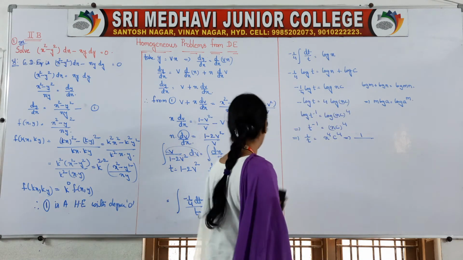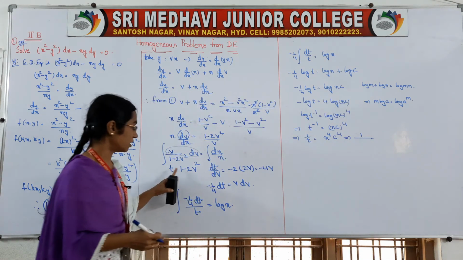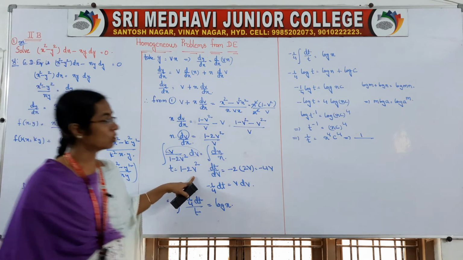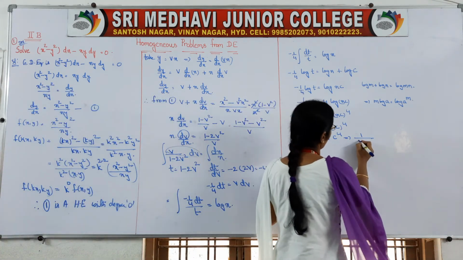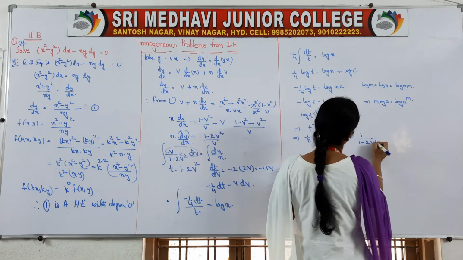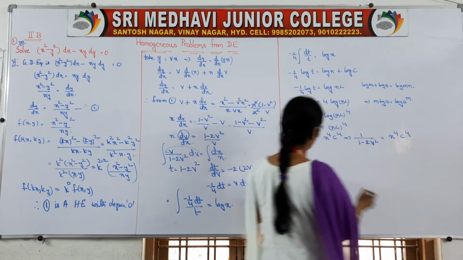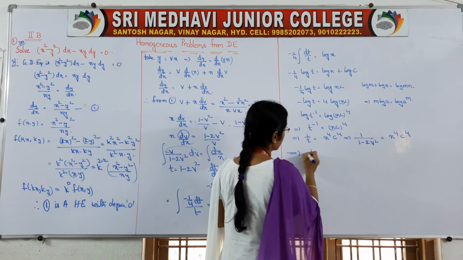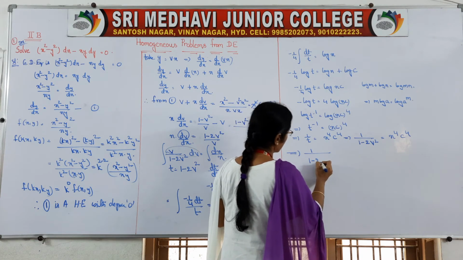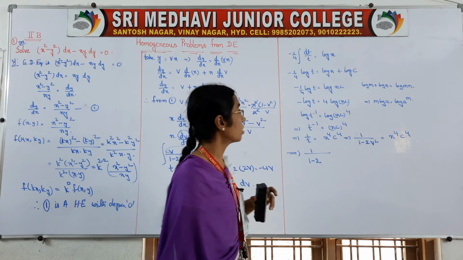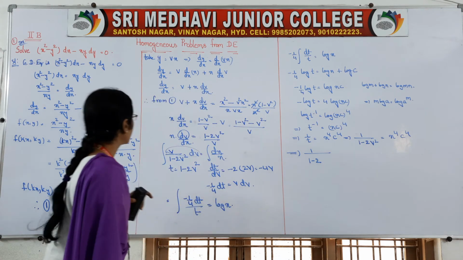What is t? We have taken t = 1 − 2v², so 1/(1 − 2v²) = x⁴c⁴. So 1/(1 − 2v²), and what is our v?